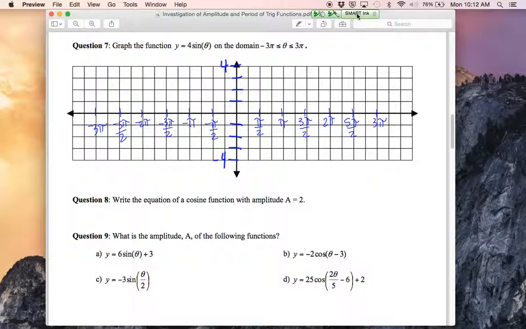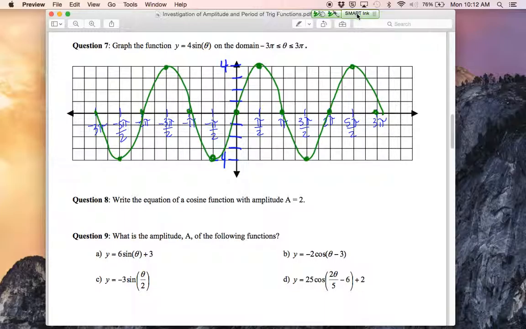So this is sine starting at the origin. Go up to the top, which in this case is 4 because the amplitude's 4. And there's my graph. Down to negative 4. And notice the only thing that changed is that instead of going up to positive 1 and down to negative 1, it's up to positive 4 and down to negative 4.